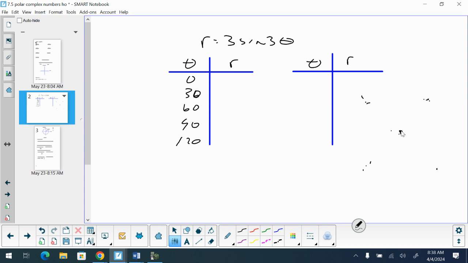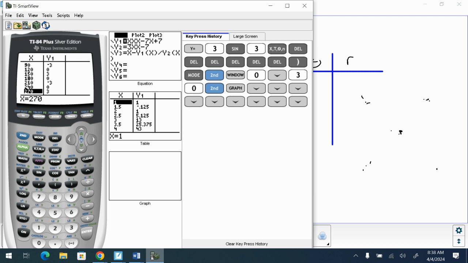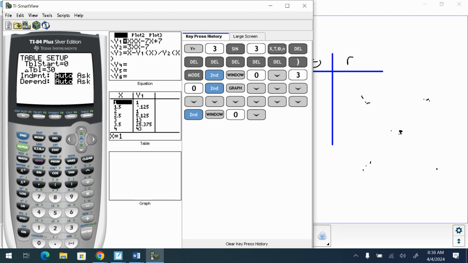Well, the nice thing about your calculator, once again, is I can go back to my second and my table setup. I can go back to my 0 here, but rather than 30, let's change it to 15.